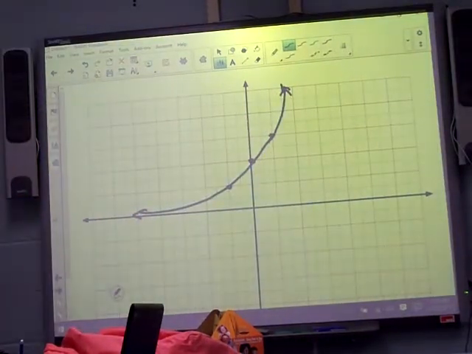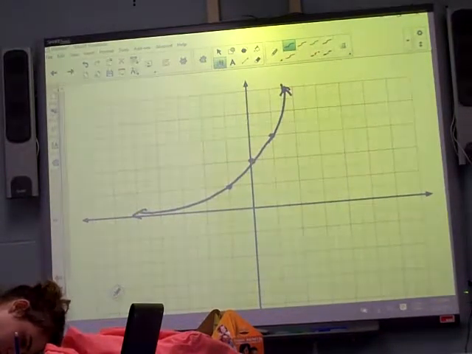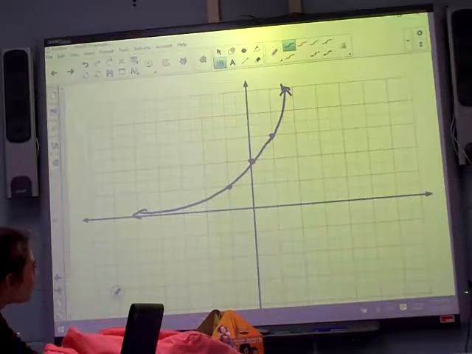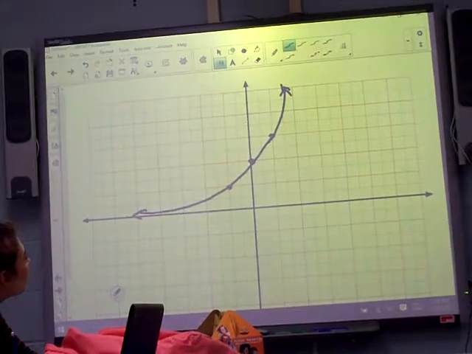Okay, so we got a graph that looks something like that. The directions say use the given graph to graph the inverse. Here's what we got to know about an inverse, other than just the ordered pair switch.